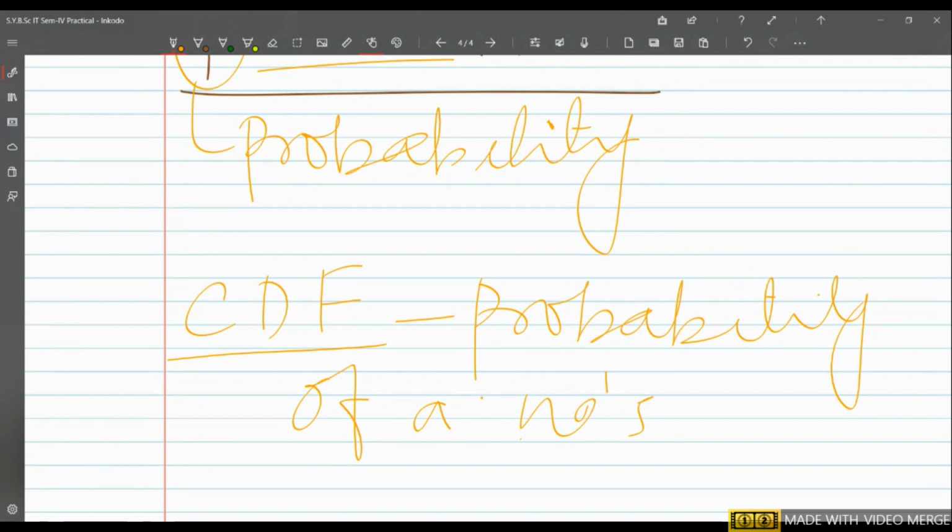Suppose I have to find the probability of 4, then it gives exactly the probability of 4 only. But if I want to find the probability of a number less than or equal to 4, then it computes 0 also, 1 also, 2 also, 3 also, 4 also.